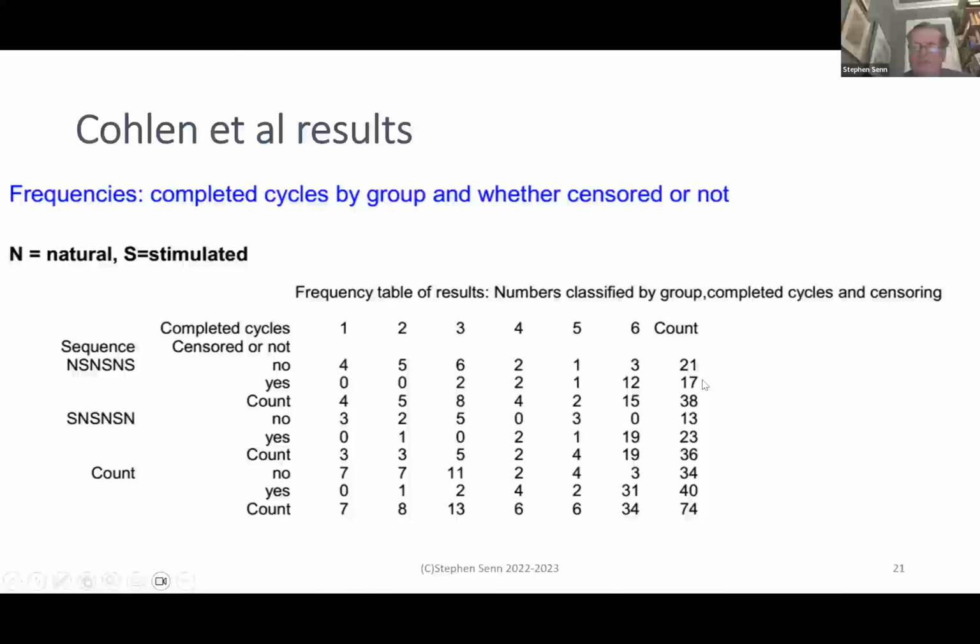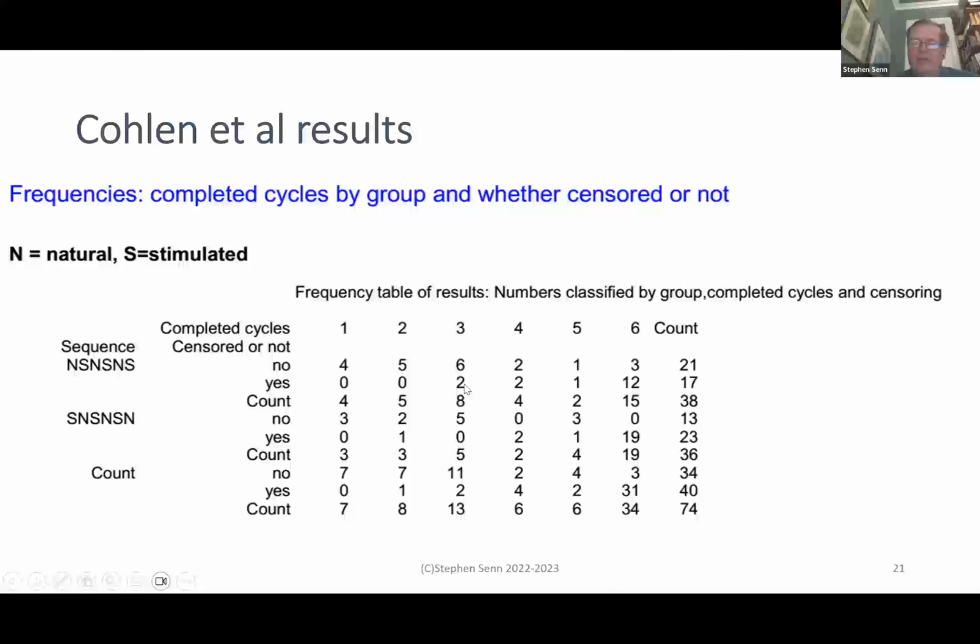Then, of course, the couple did not go on to receive the following data. So of the 17, for example, who were given the cycle NSNS, 2 achieved pregnancy or conception on episode 3. And that means that they were using the non-stimulated form.